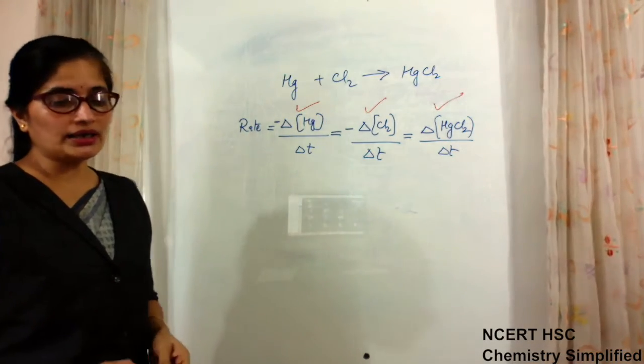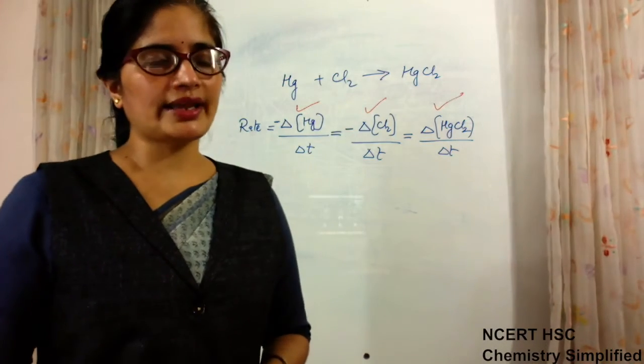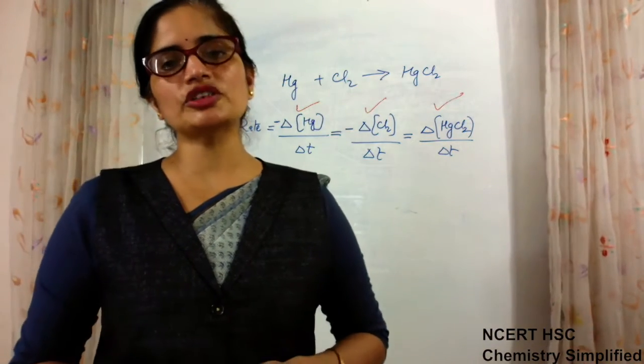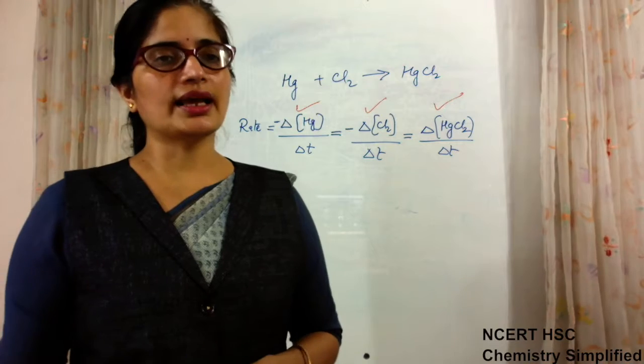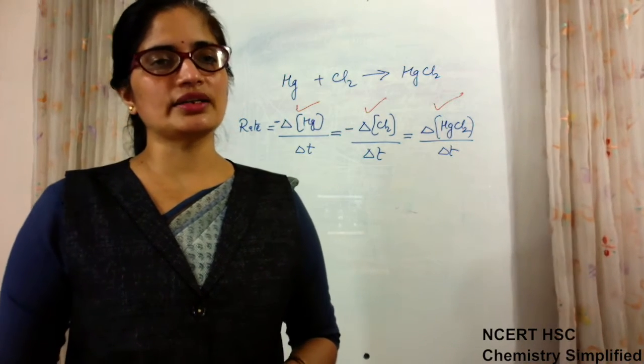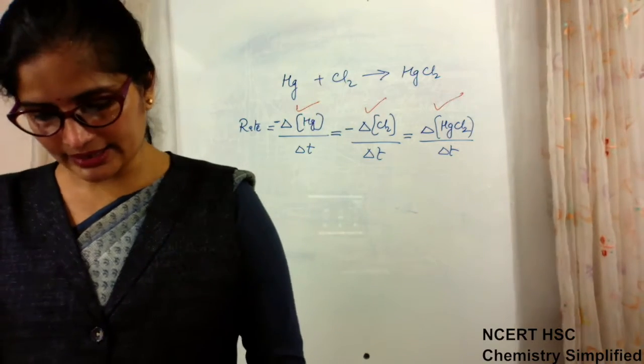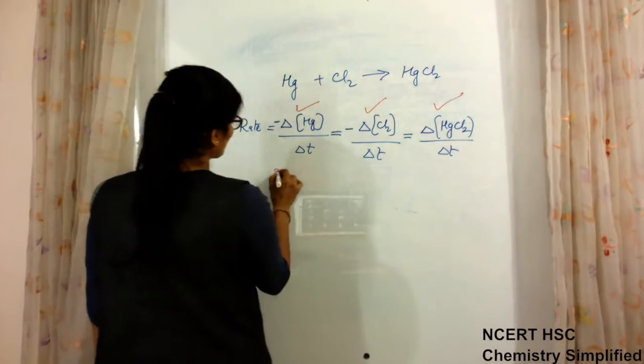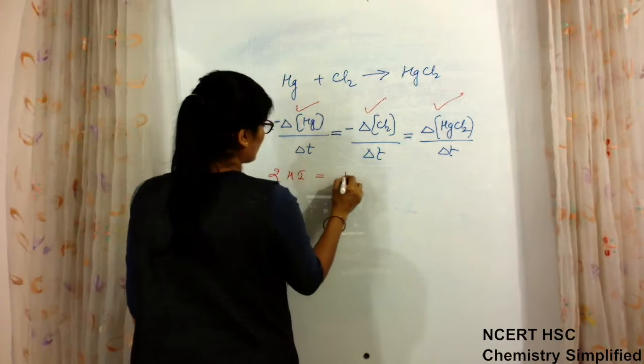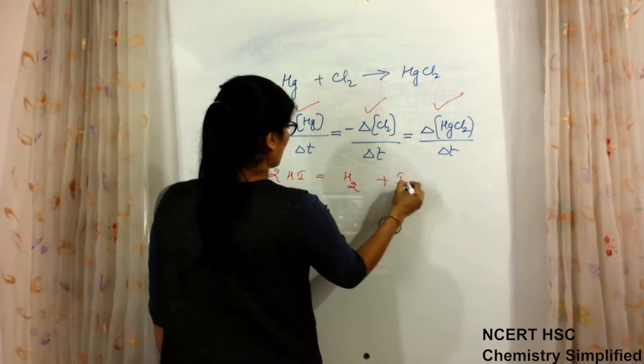But if I take example of a reaction in which stoichiometric coefficients are also present, then we have to take into consideration those coefficients also. So let us take example of another reaction. 2HI gives H2 plus I2.